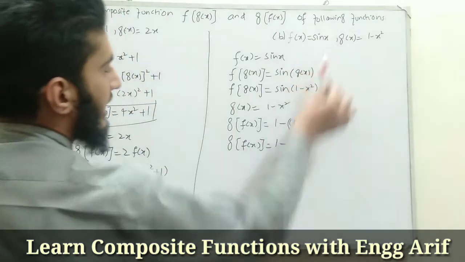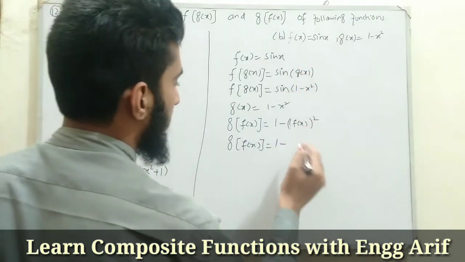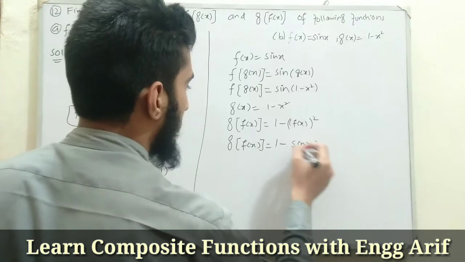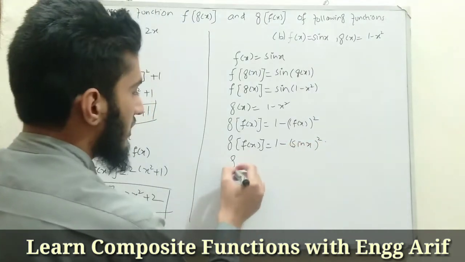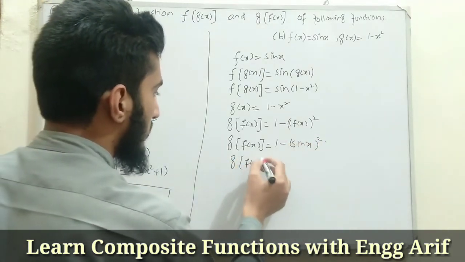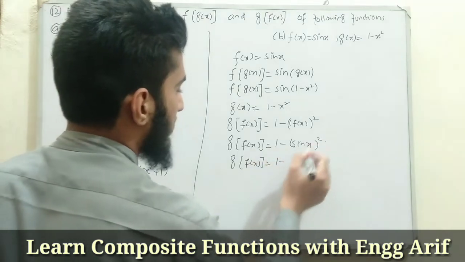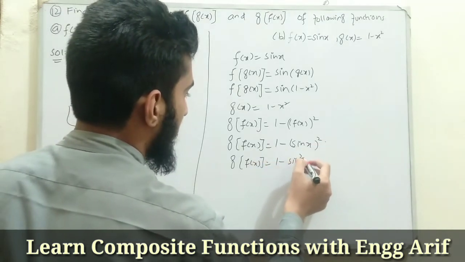Our f of x is sin x, so it becomes 1 minus (sin x) whole square. Now (sin x) whole square can be written as sin square x.